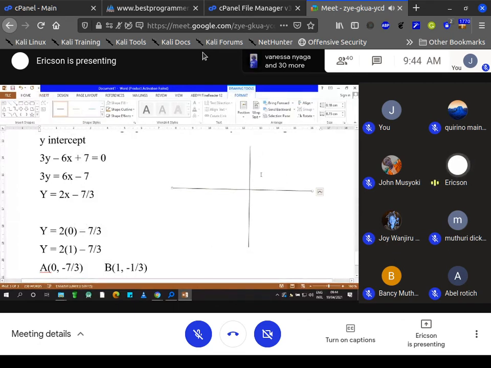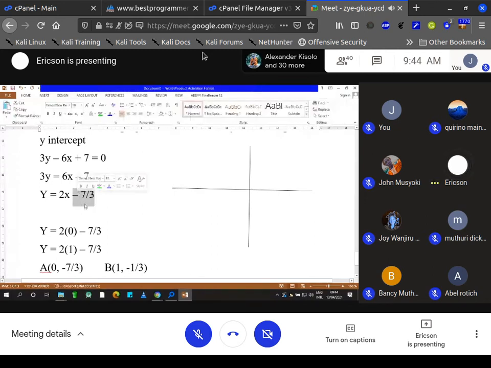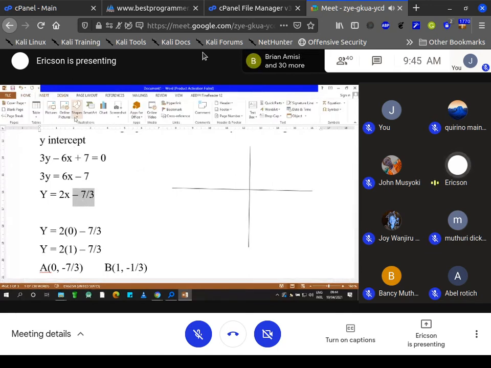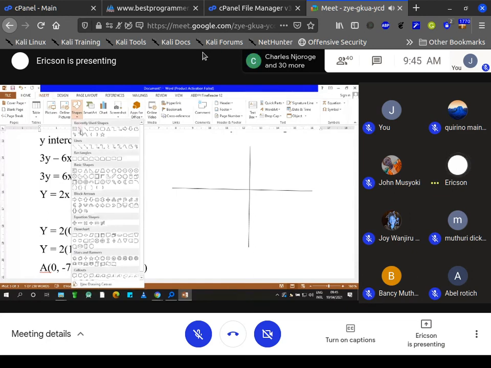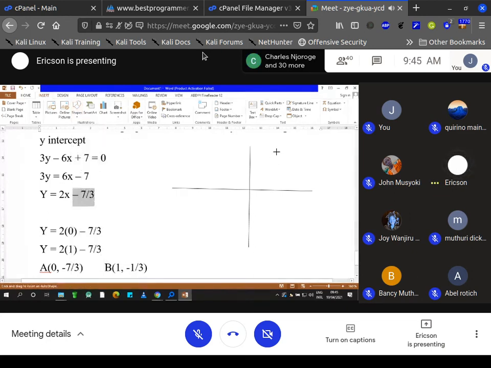This is your graph. Let's say this is your graph. You have negative 7 over 3 as the y-intercept. On your graph, you'll find that the line will pass through the point negative 7 over 3. Basically, that is negative 2.3.